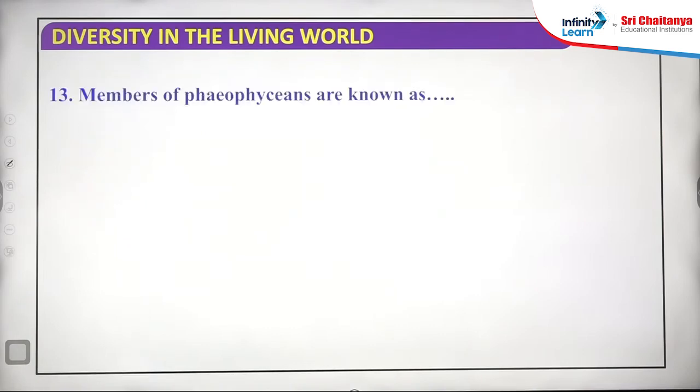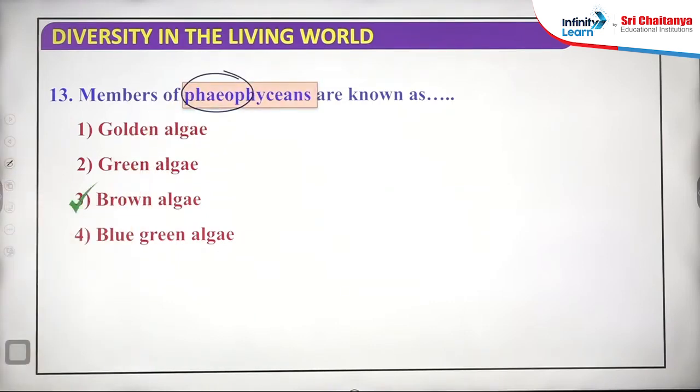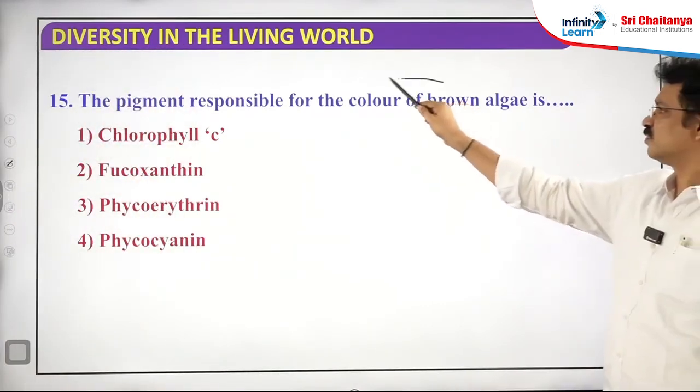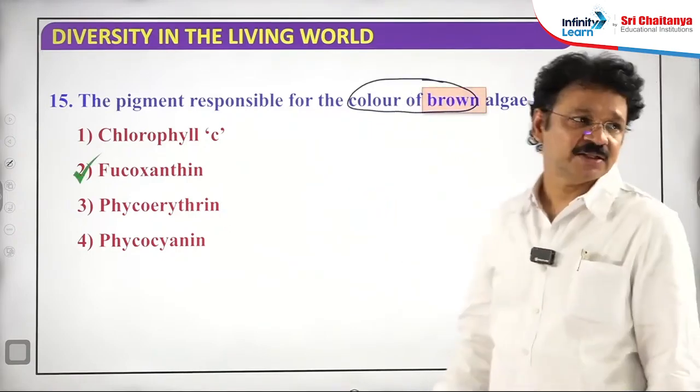Next, one more question. Members of the Phaeophyceae are also called Phaeo, brown algae. Yes, brown algae. The pigment responsible for the brown coloration of brown algae: fucoxanthin, second option.